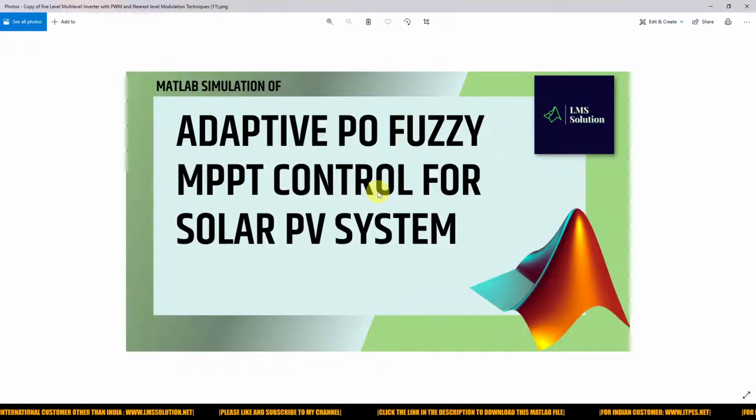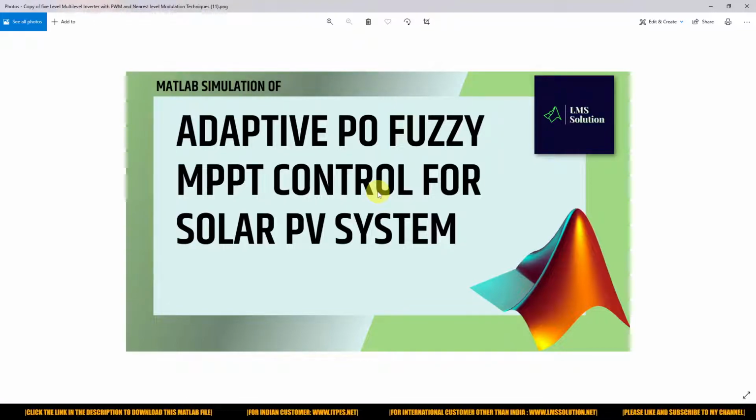In adaptive PO fuzzy MPPT, you have to follow the same thing. That means you need to measure the PV voltage and current, and then we need to calculate the power, and also change in power and change in voltage.